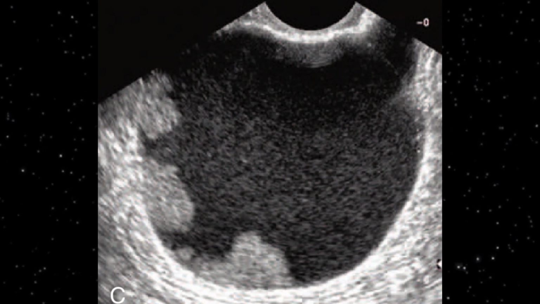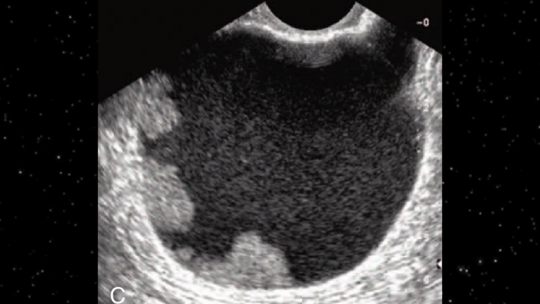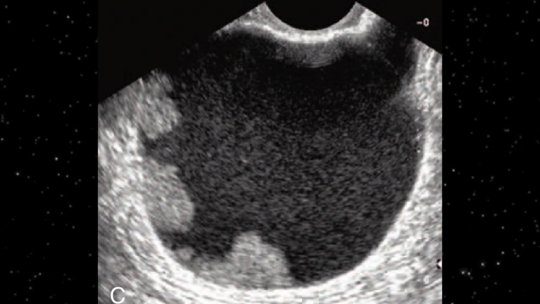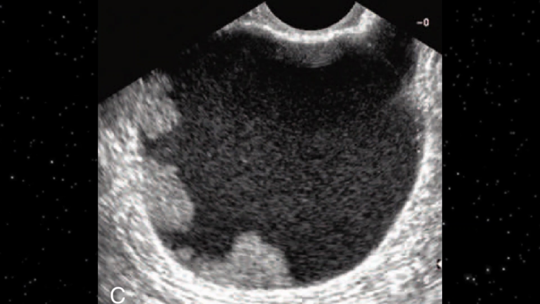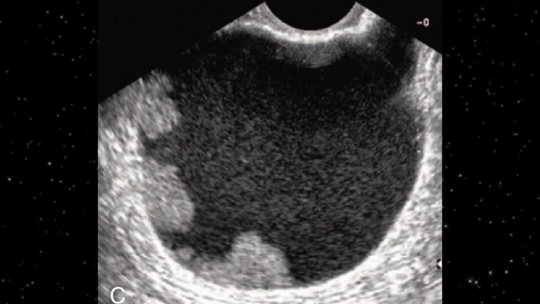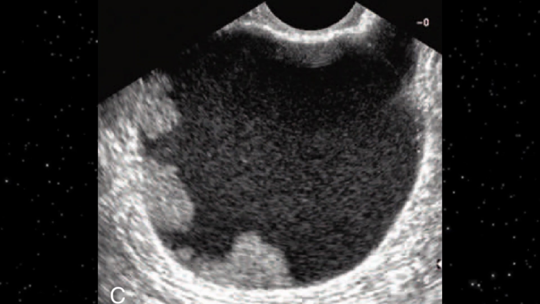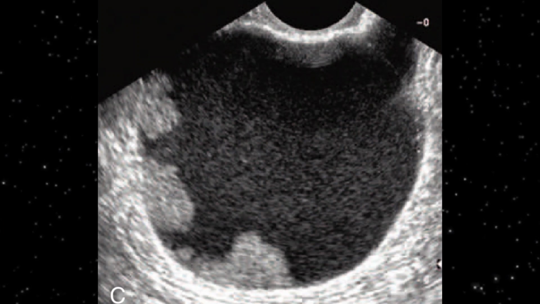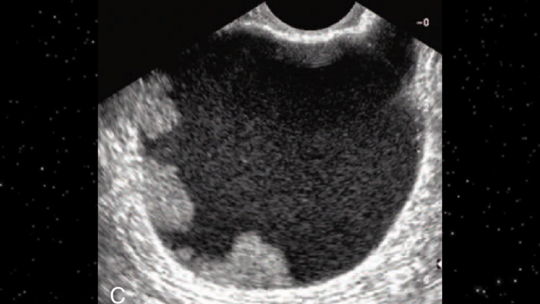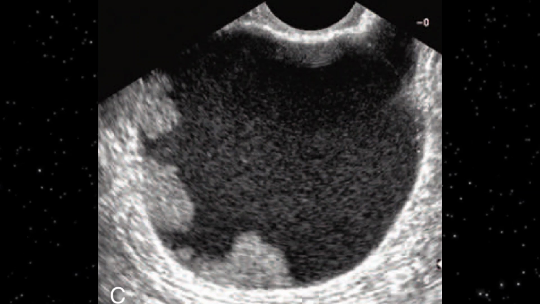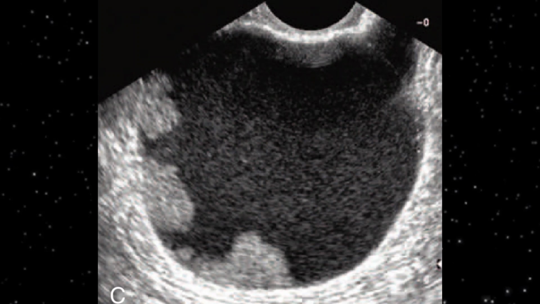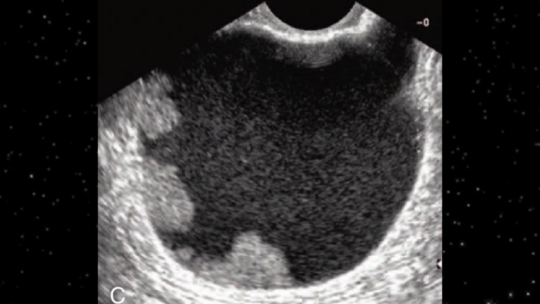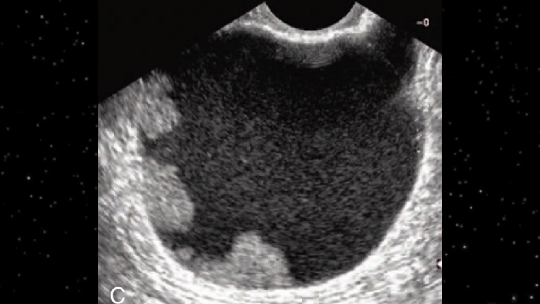That's why the name low potential has been given, because its malignant potential is lesser than the truly malignant neoplasms. If you come across any cyst which shows low level internal echoes with papillary projections, you must consider a low grade malignant potential tumor.